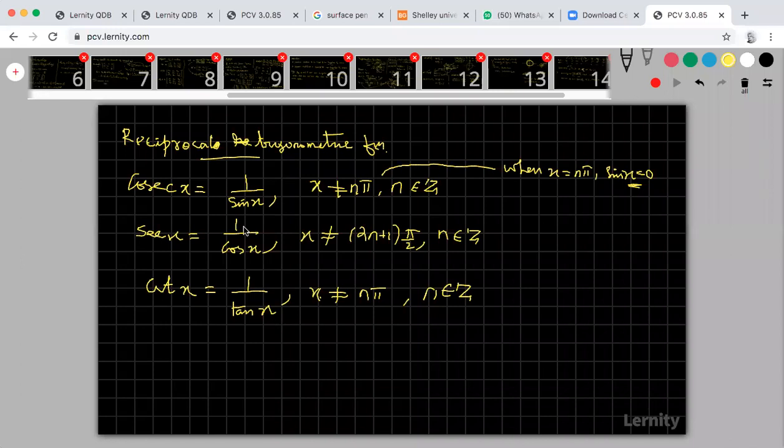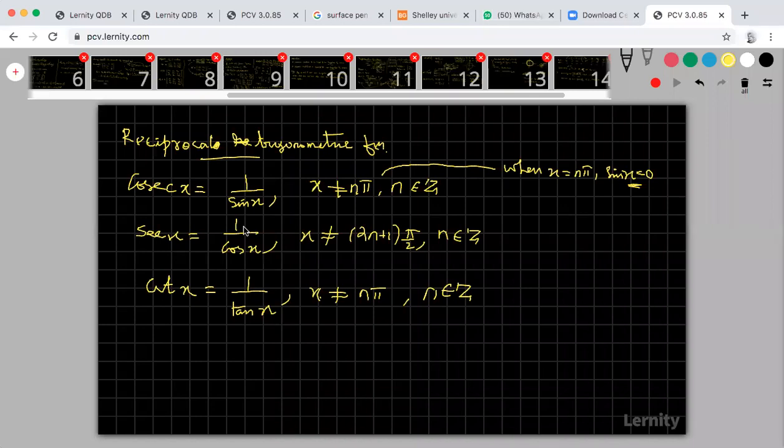So therefore, except those values of n pi, where sin x is 0, you eliminate that. For the remaining values of x, you define the reciprocal function called cosecant x. Because when sin x is 0, 1 by 0 is infinity, undefined, so cosecant x is undefined.